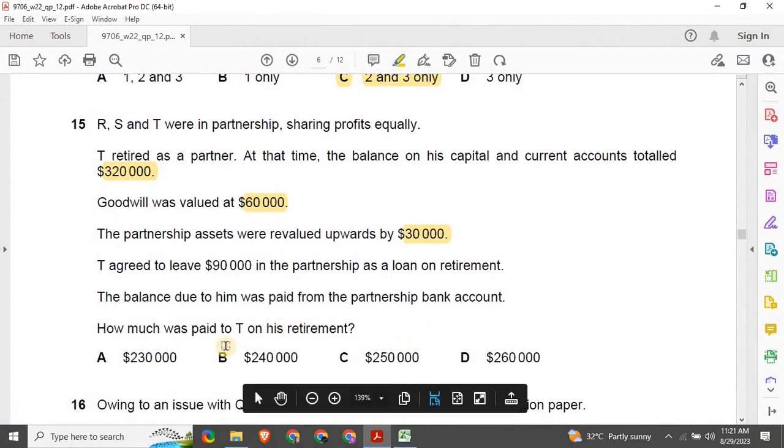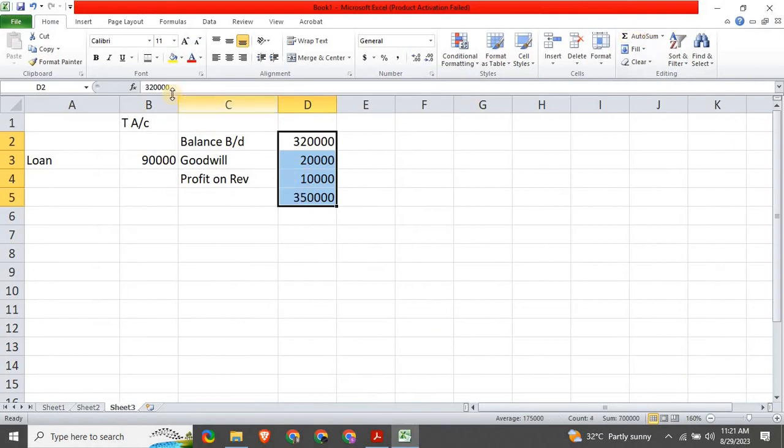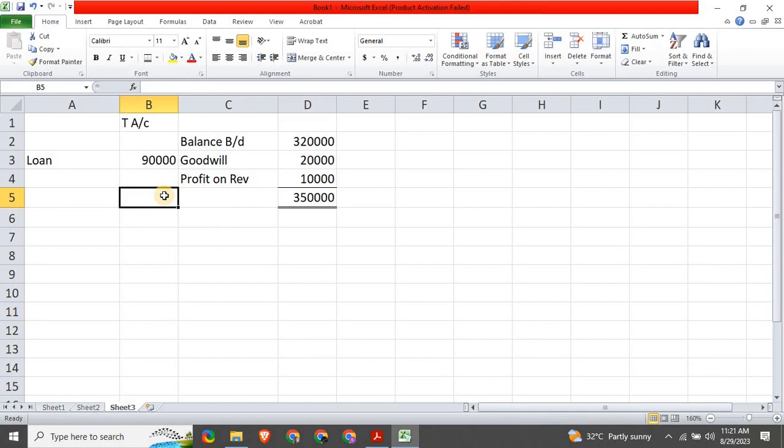So what is that amount? That is what we need to find out. Let's find out the total first, auto sum, and the total is 350,000. So out of 350,000, 90,000 is given as a loan to the partnership.